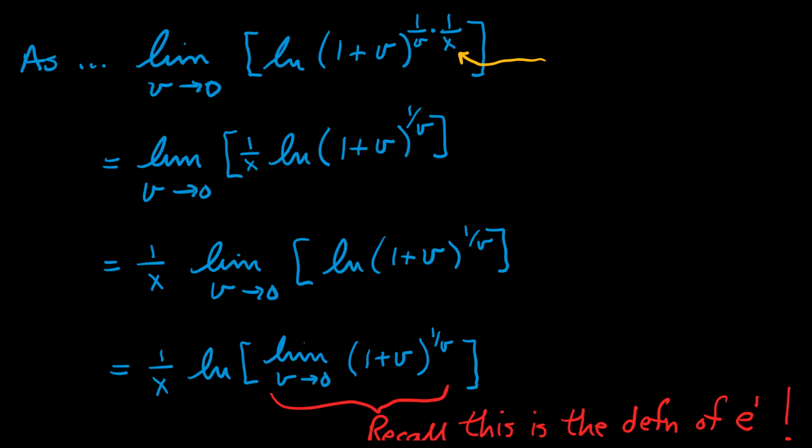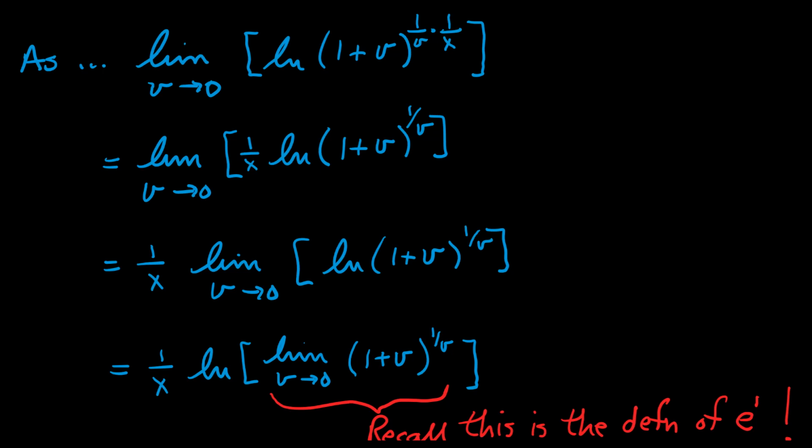Well, in this case, we're just going to move the 1 over x out front as a coefficient times the natural log. Because 1 over x is completely independent of our limit as v goes to 0, in other words, we're concerned about what's happening with v, and x is not affected, we can move the 1 over x out front. We can factor it out, and it just becomes a coefficient 1 over x times the limit as v approaches 0.